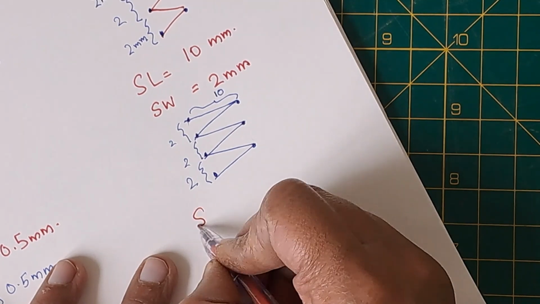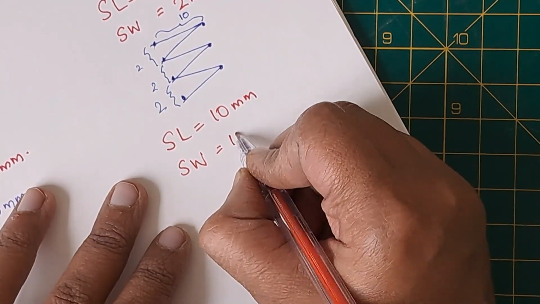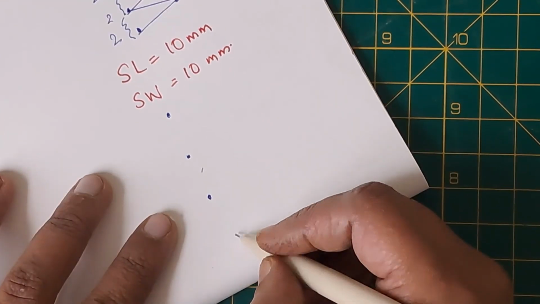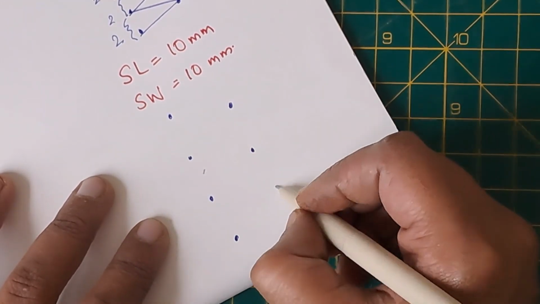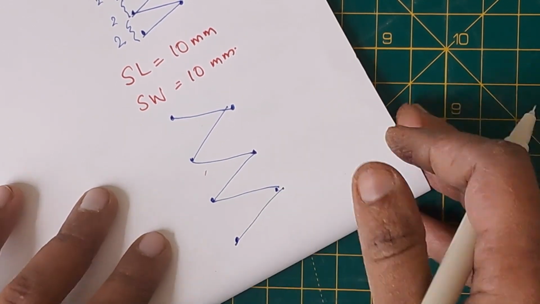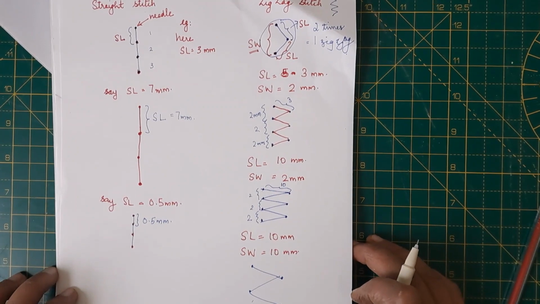Now stitch length is going to be the same as 10 mm and stitch width is increased to 3 mm. Previously it was 2 mm, now it's going to be 3 mm. Mark the points with the given measurements and after that connect the points to give a beautiful zigzag stitch. This is how it looks like.